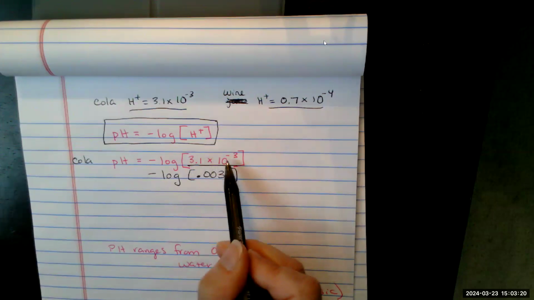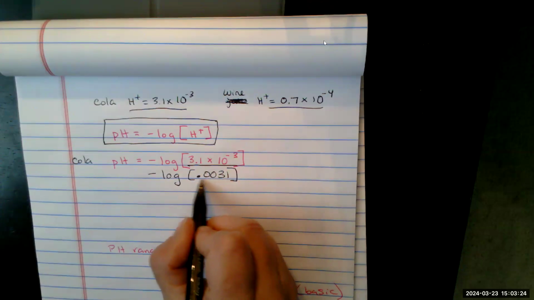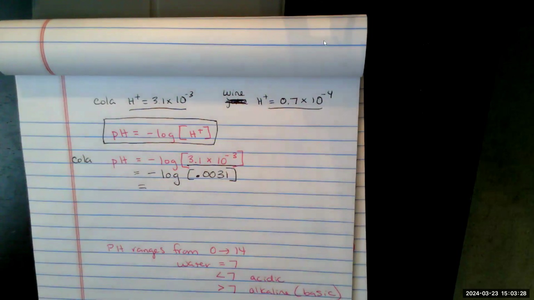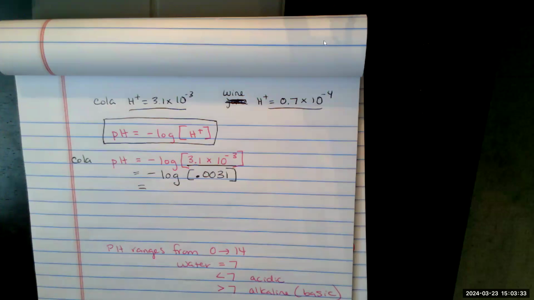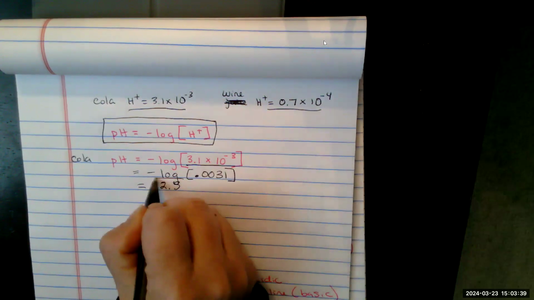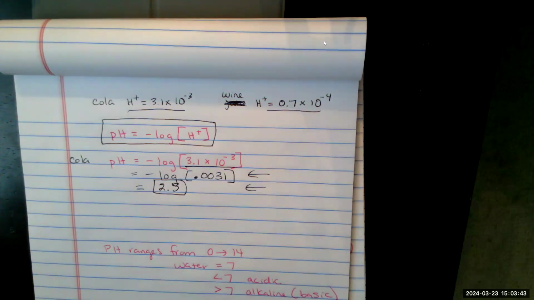So make sure you're okay that these mean the same thing because I just moved the decimal 3 to the left. Putting this in the calculator, I believe gives you 2.5. I'll try it again, just to double check. Okay. So I think in your homework, it asks you to write it this way and then give your final answer.